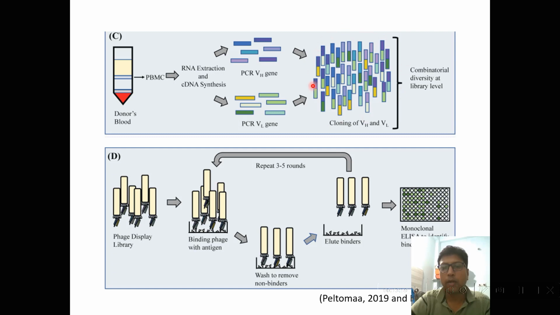These genes can be incorporated or ligated with our filamentous phages, and after the ligation with our phages, we will get different types of expressed antibody outside of the phages. Now these different antibody fragments can be displayed and used to interact with our unknown target, or, if the target is known, maybe the antibody can be unknown.